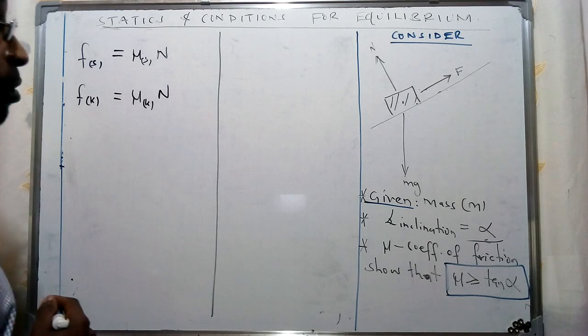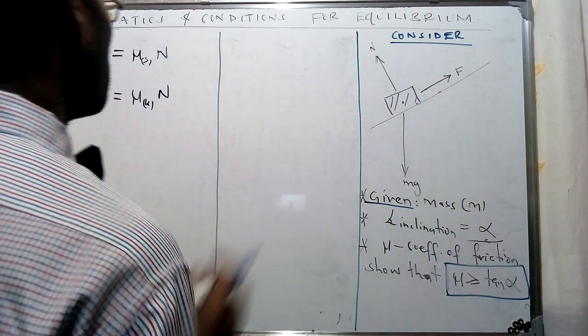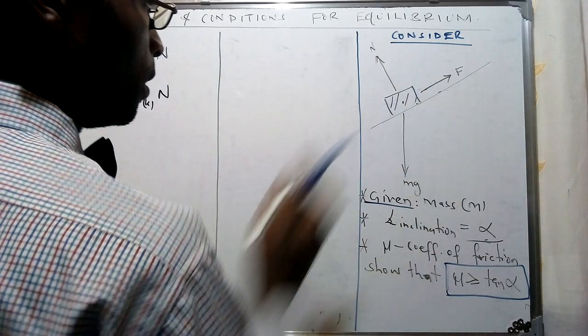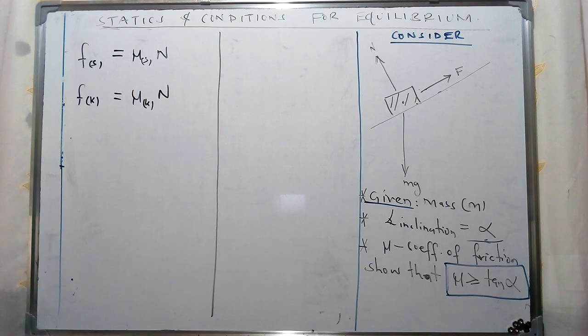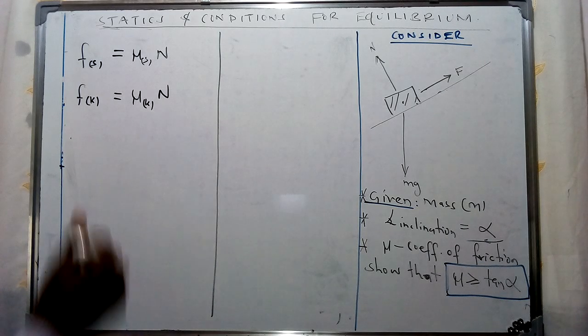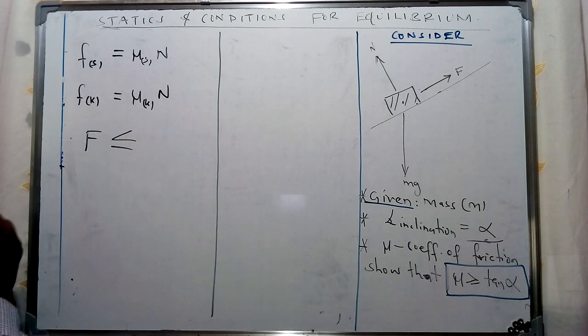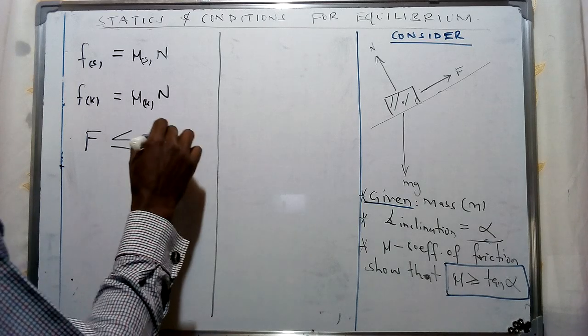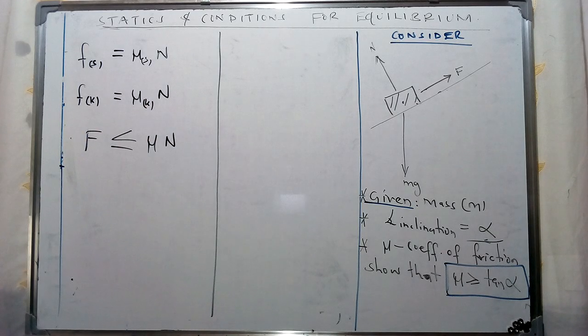And in this case, for such an object which is going to be at rest, we are going to look at the coefficient of friction existing in this setup. The friction is smaller than or equal to the coefficient of friction times the normal force, which is a general case for the two frictions which you are going to use in this particular case.